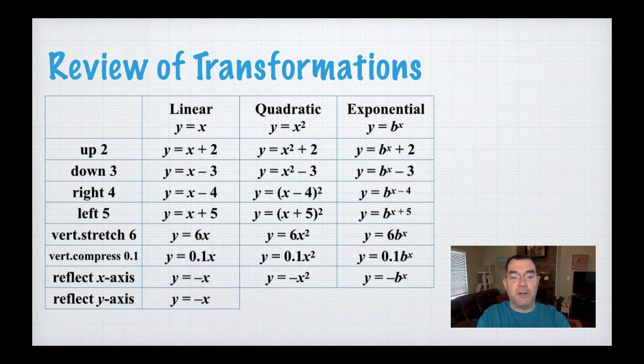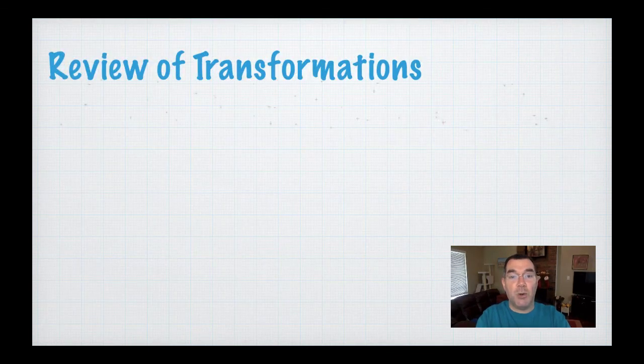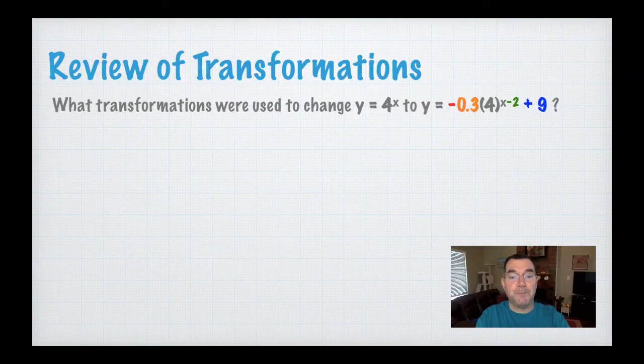Well, with a linear function, that's going to look exactly the same because if you reflect it over the x-axis, it's going to look exactly the same as if you reflected it over the y-axis, and we can talk about that more in class. But with quadratics, the negative x is going to have to go in parentheses, and with exponentials, the negative x is going to have to be the exponent. So that's a summary of all of the transformations that we will be looking at for all 3 of those functions.